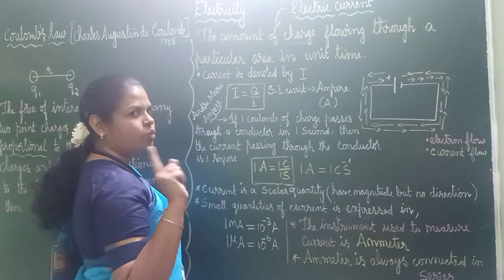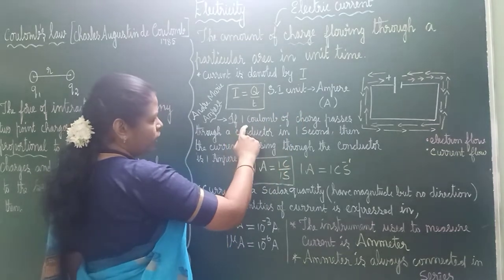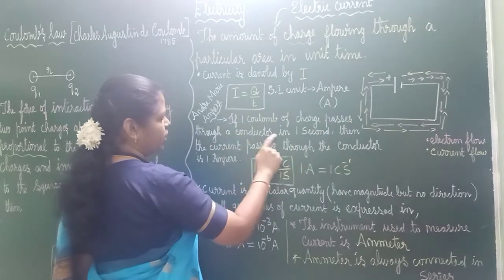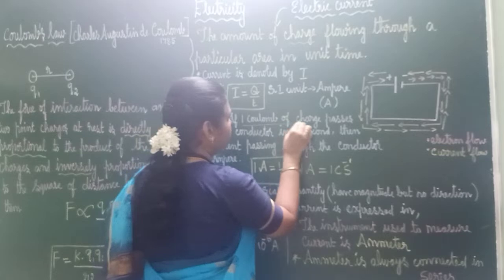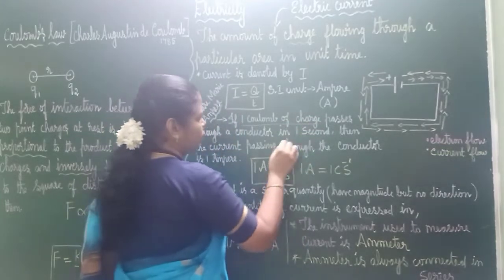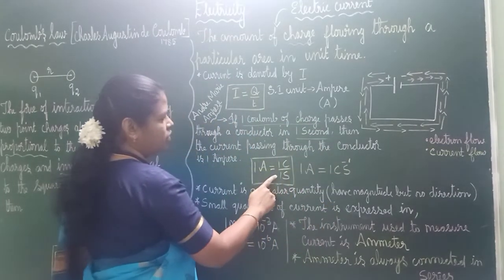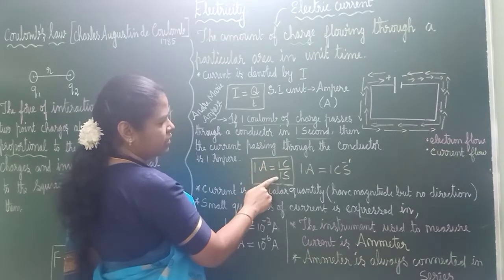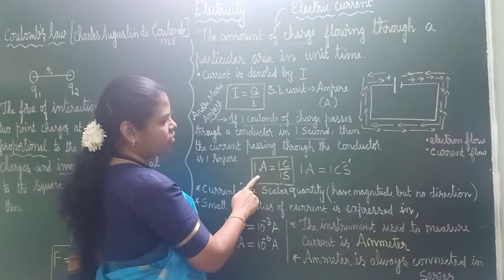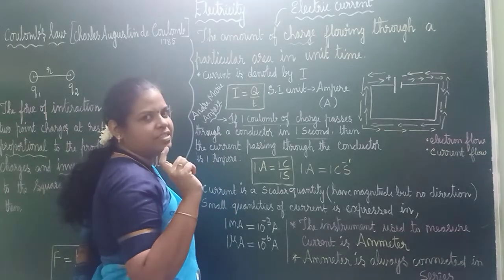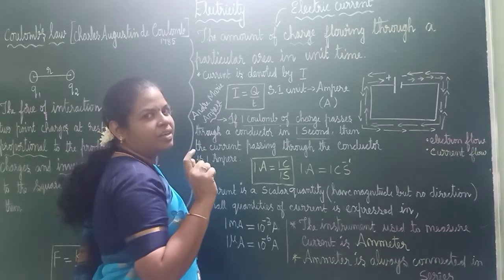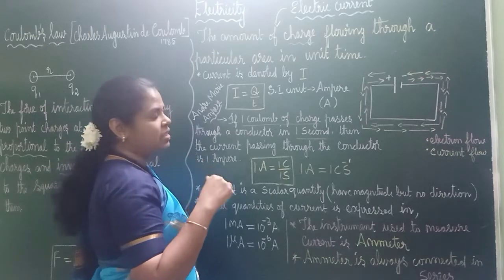What is ampere? What is 1 ampere? If 1 coulomb of charge passes through a conductor in 1 second, the current passing through the conductor is called 1 ampere. If you understand and study, it is easy; the electricity chapter is the easiest chapter in the 10th textbook.